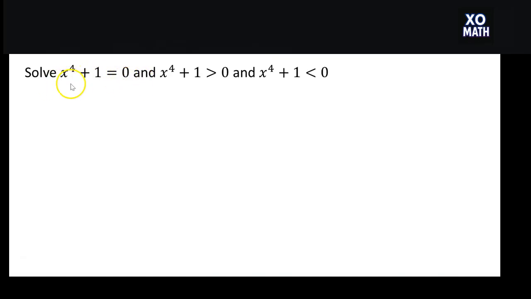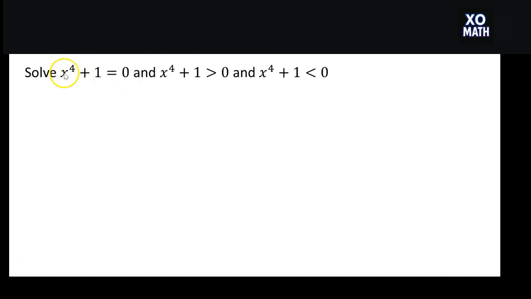So for this equation here, if we take any x value and we think about raising it to the 4th power and then adding 1 to that number, is there any way that can ever equal 0? Well, the answer is no. So if the x value you chose was 0, 0 to the 4th is 0, 0 plus 1 is 1, which cannot equal 0.